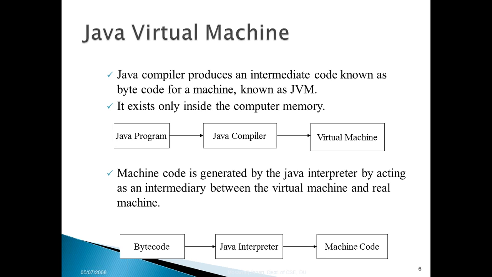What the slide is saying is that the compiler is generating the byte code for the machine known as JVM, and then JVM will take that and generate the machine code. That's what the slide is saying. What I meant is that it is an intermediate code between the compiler and the virtual machine, because the Java compiler will produce a code after generating it into machine level language.